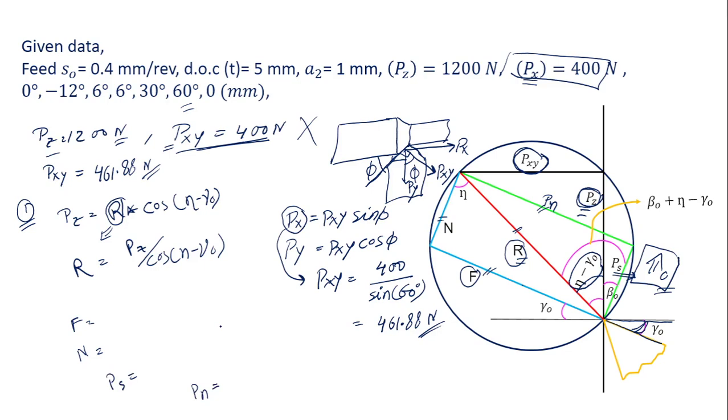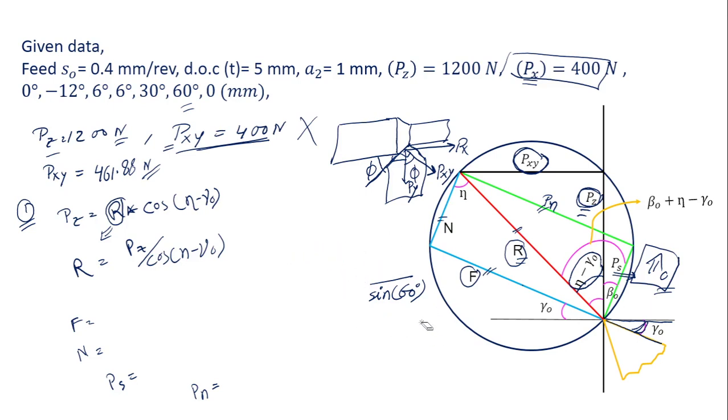Another way is that you can directly remember the formulas. Let me erase this here. We have a few formulas to find the forces in terms of the tangential force and the resultant force Pxy.